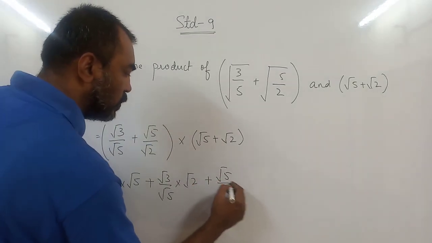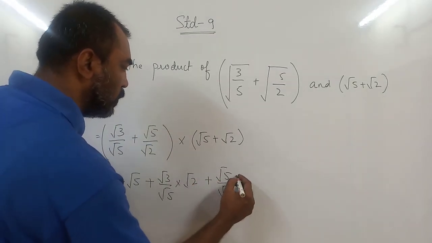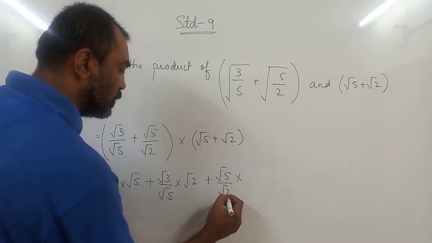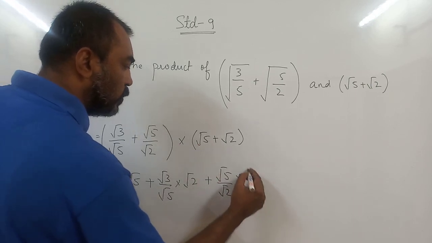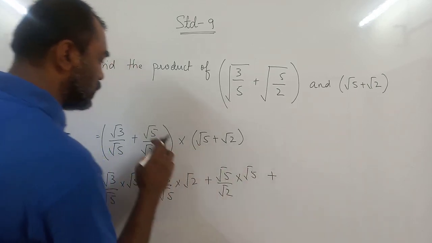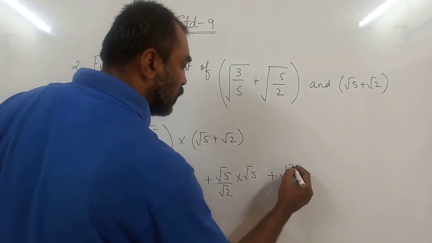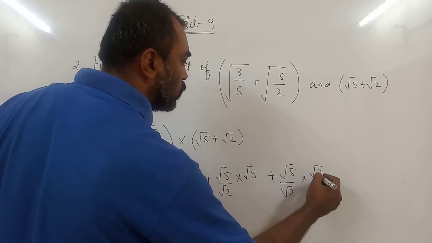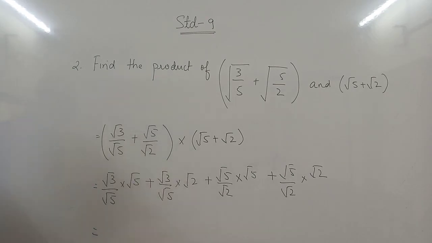Root 5 upon root 2 into root 5 and plus root 5 upon root 2 into root 2. So here I have just put the expanded form. You have done this bracket before, I put the expanded form.